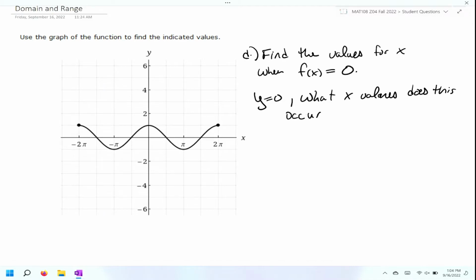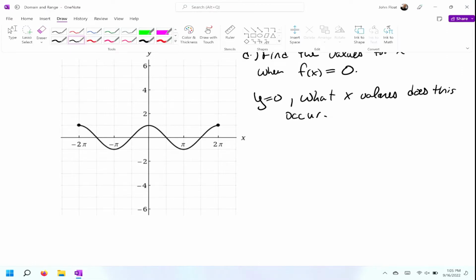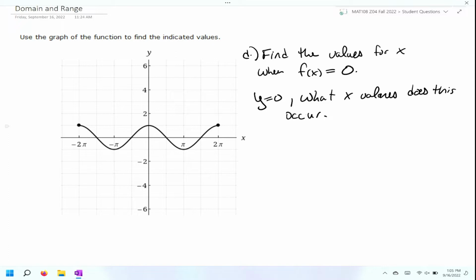Or, what are the x values where y equals 0? Remember, this goes back to when you were introduced to linear equations: when y equals 0, you are at an x-intercept.